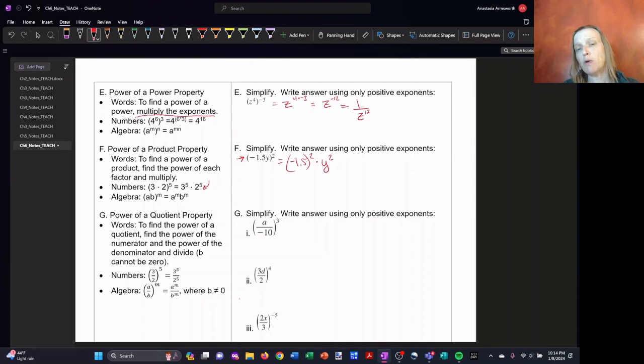Now, we're supposed to just simplify this, not evaluate it, but it's not possible to evaluate it when we have a variable there anyway. So I'm going to simplify this part a little bit further. Negative 1.5 times negative 1.5 is positive 2.25, and we're still multiplying by y squared. So 2.25y squared is my final answer here.